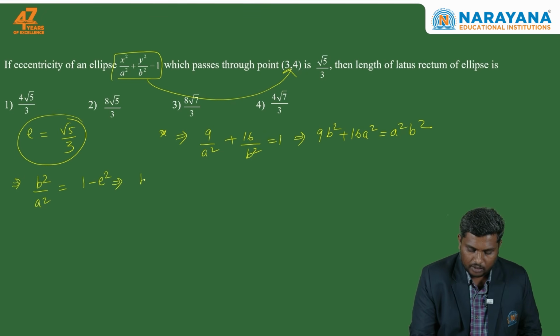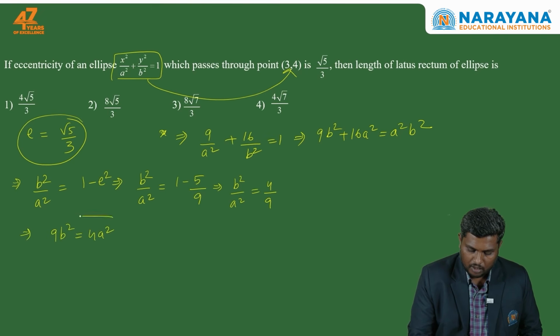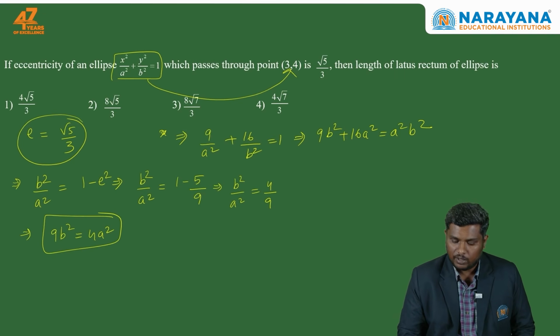This leads us to b square by a square equal to 1 minus 5 by 9. So b square by a square is equal to 4 by 9, and 9b square is equal to 4a square. Now I have two equations in a square and b square. If I solve them, I am going to get a square and b square as well.